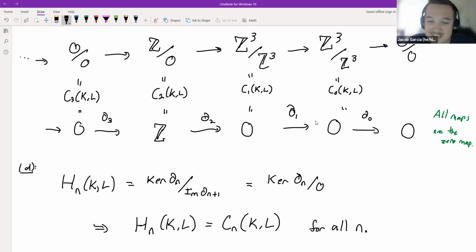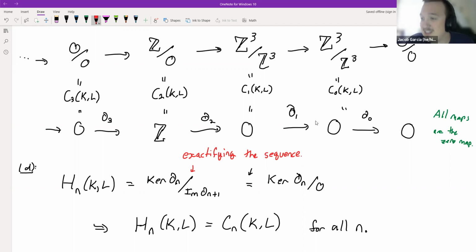We're good, right? Another way to think about this is that this condition tells you that the sequence was already exact. Taking the kernel and modding out by the image is exactifying the sequence, and when you exactify the sequence, that's what gives you the homology.